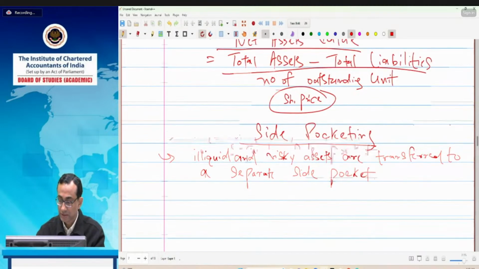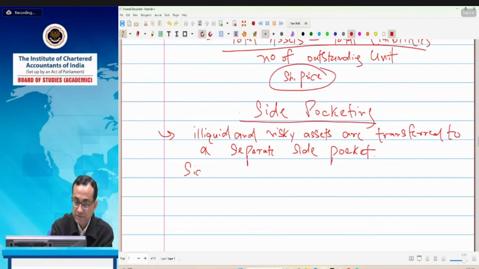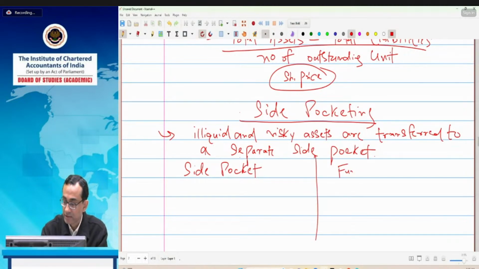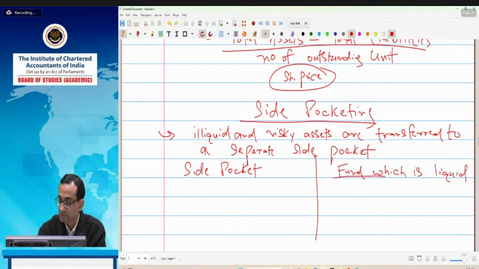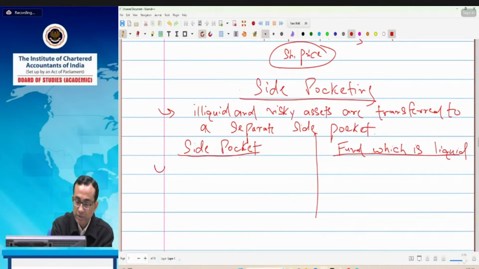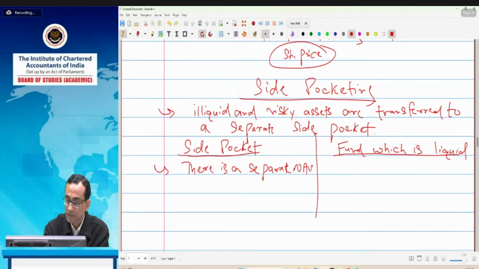I will just segregate between the side pocket and the fund which is liquid. In the side pocket, there is a separate NAV, and the liquid fund has a separate NAV.